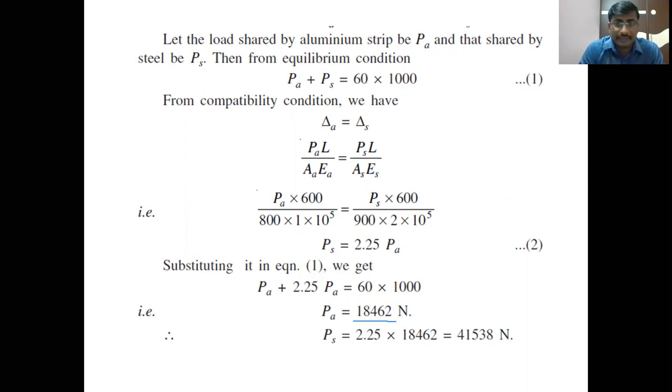Each material in this case is aluminum and steel. So how much load is shared by the steel? 41,538. It is much stronger than the aluminum. That's why it can share more load than the aluminum. So the load shared by the aluminum is 18,462 only. Clear? The load shared by the steel is more because it is stronger.